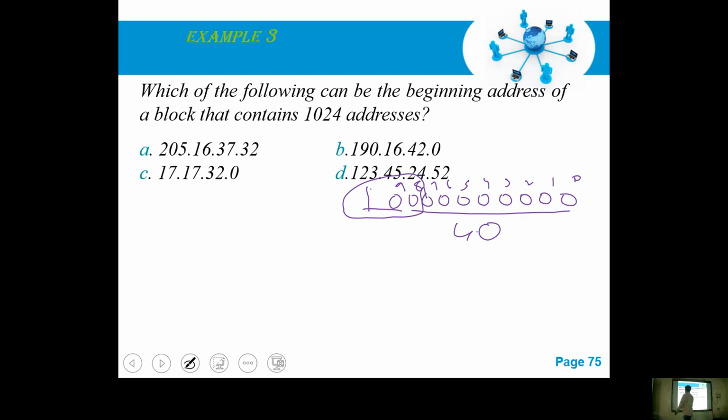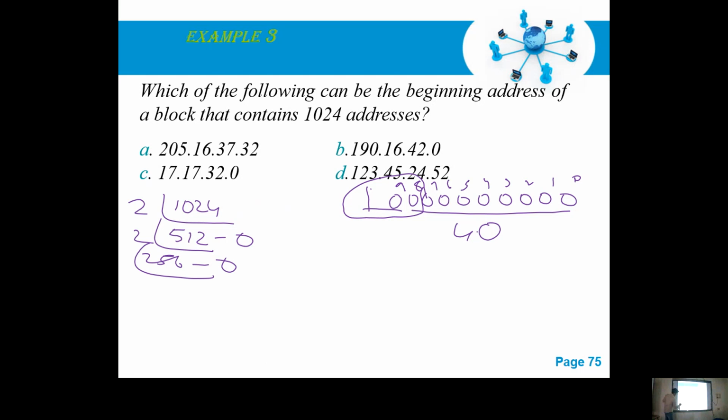Or the other way, 1024 is there. In binary what will I be doing? 2, 512, 0, again 2, 256, 0, again you will consider 2, 128, 0, like that you will keep on doing.